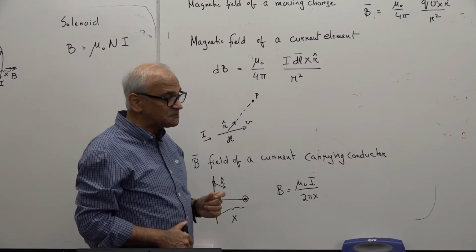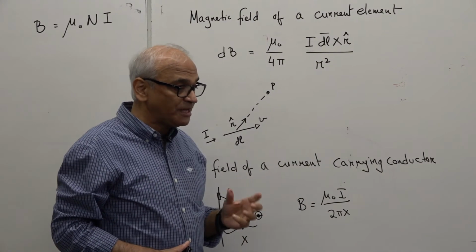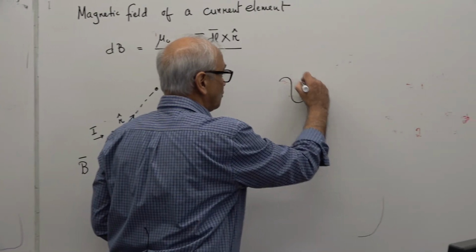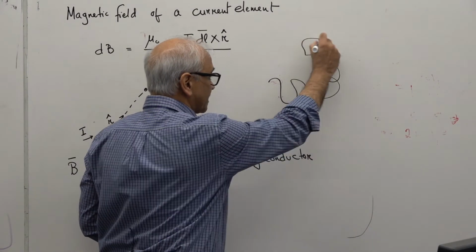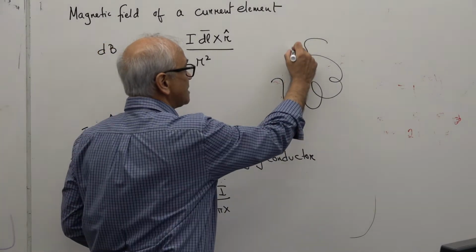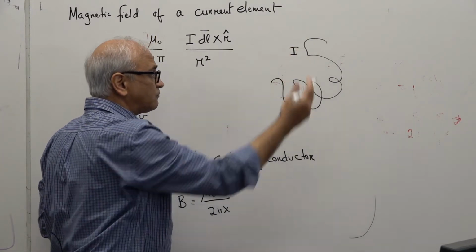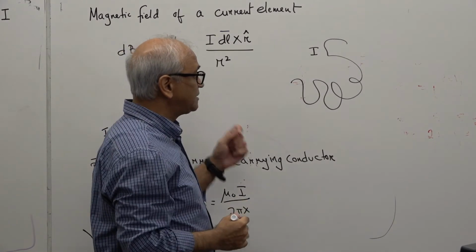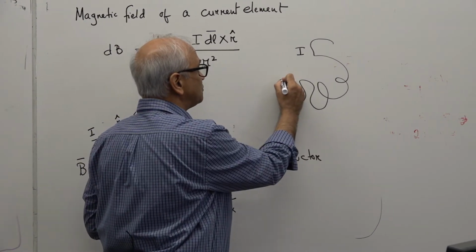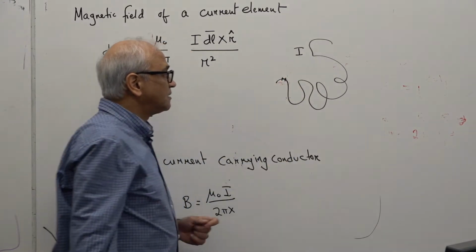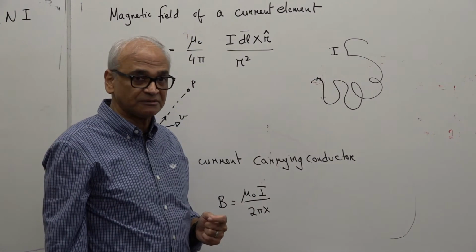Really speaking, when you do any type of vector calculation, your wire might be all wound up, something like this, but it has a current I flowing through it, 1 amp, 1 milliamp, whatever it is. To get it to a vector form, you have to define a small segment of it, and that will have a particular direction.